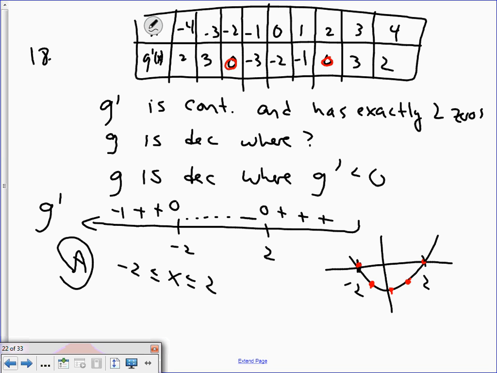And everywhere in between, it's going to be negative because they told you it can't go back up to 0. So you can't forget about numbers like 1.7. It's still going to be negative there. So you really want to go from where it's 0 to where it's 0. Do you get that? Okay.